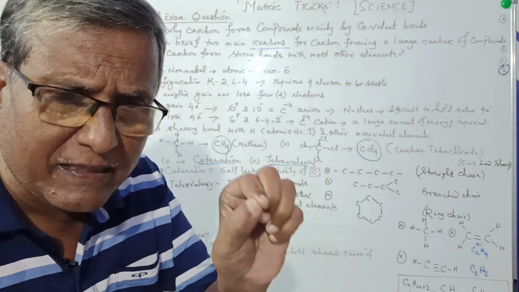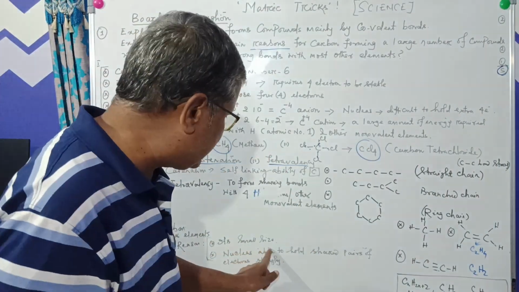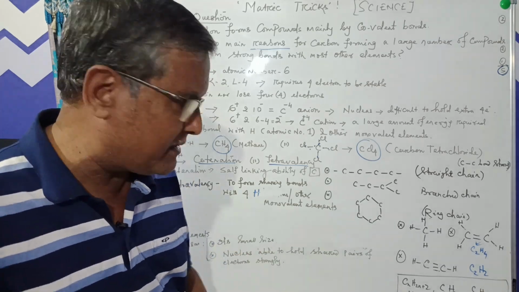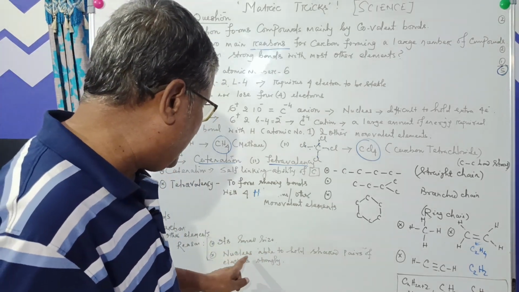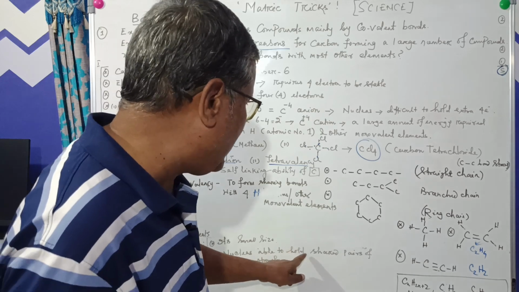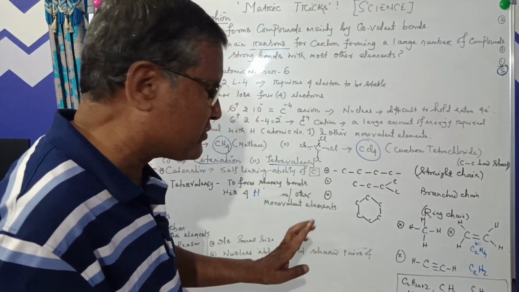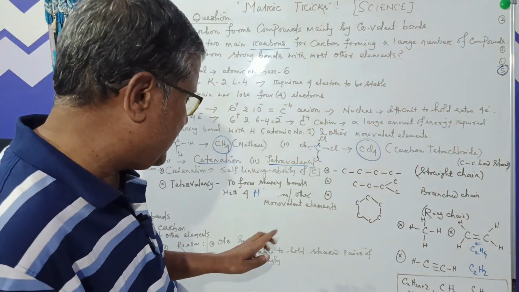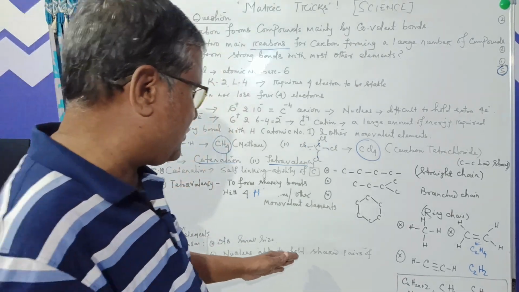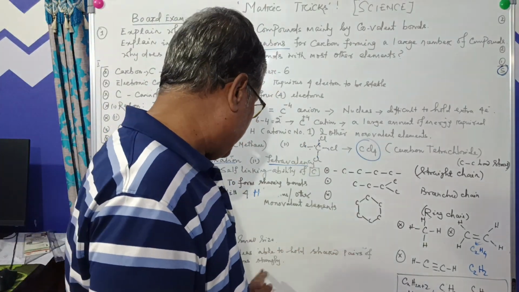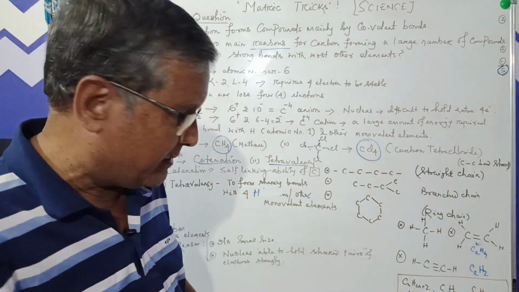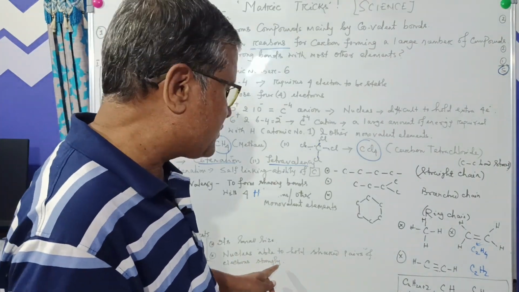It is clearly written, and for this line you will get 1 mark, small size. And the nucleus is able to hold the shared pair of electrons strongly due to the sharing of electrons.